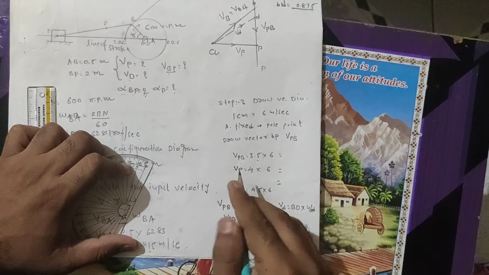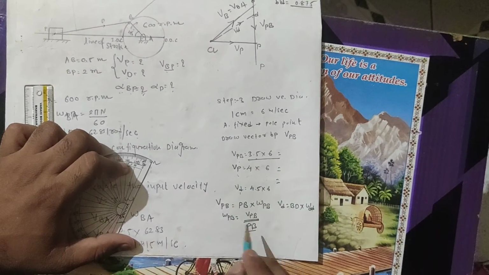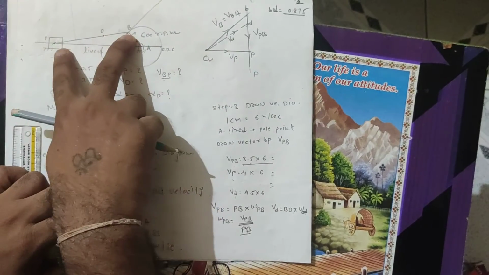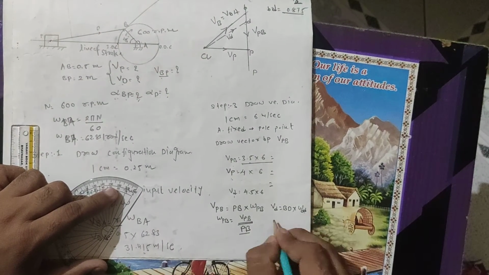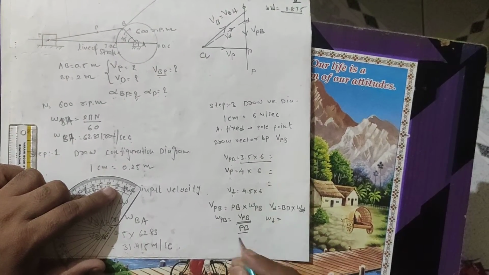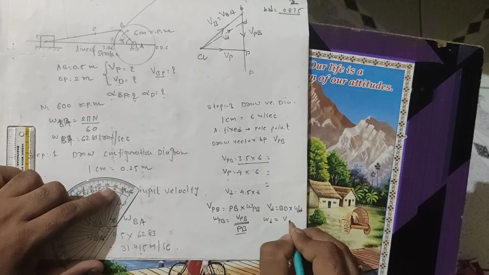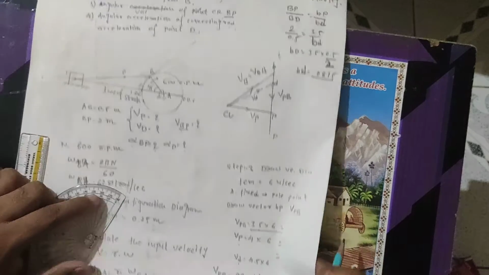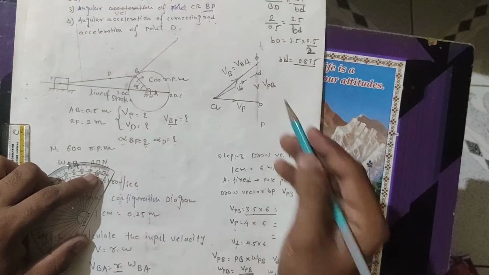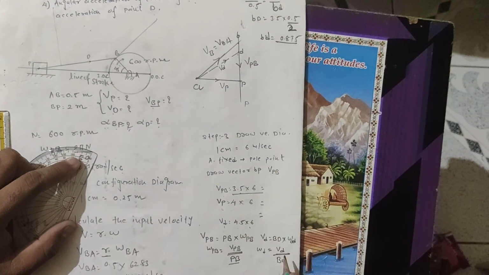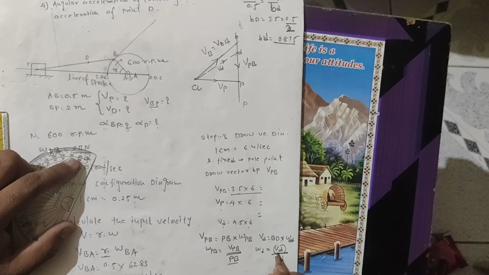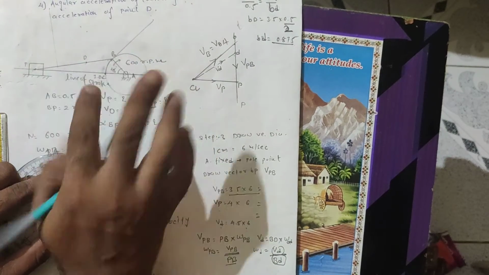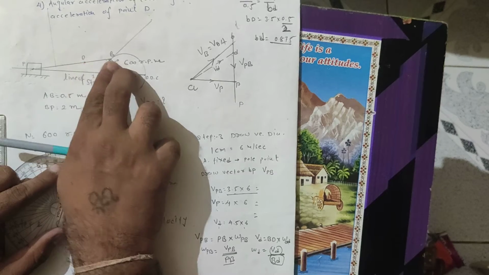VPB is from this equation, and PB is the value of this connecting rod. Okay, so omega D is equal to what? VD upon BD. VD we find from this length, 4.5 into 6, whatever, this VD divided by this BD. This BD is nothing but the length of point D from point B.